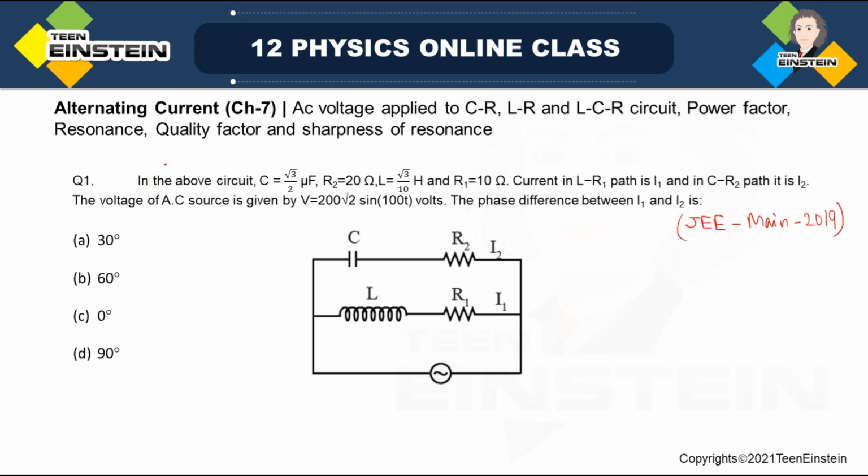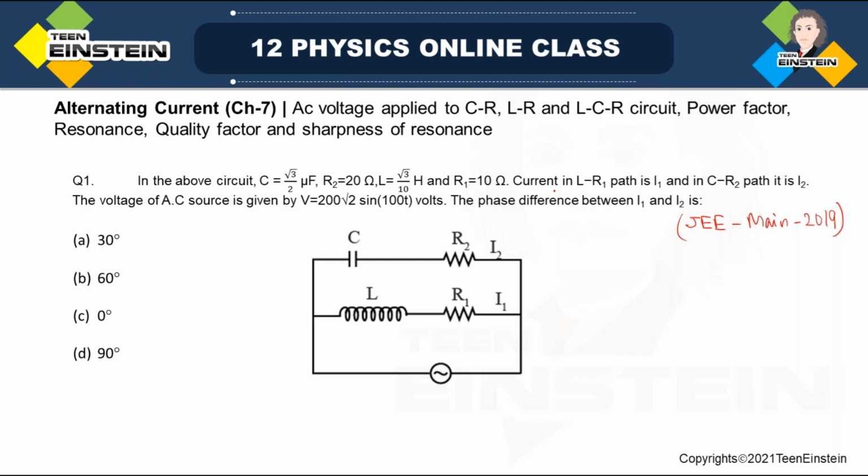The question says that in the above circuit, C is given as square root of 3 divided by root 2 microfarad, and R2 is given as 20 ohm. L is given as square root of 3 divided by 10 Henry. R1 is given as 10 ohm.